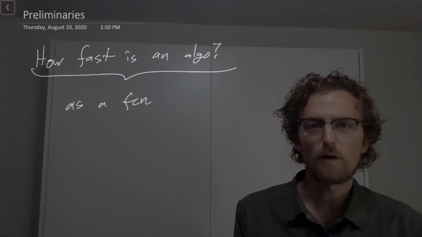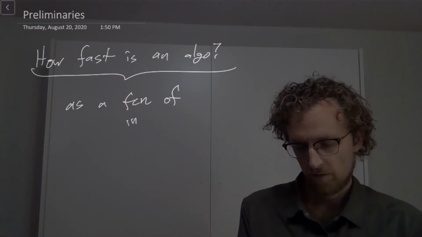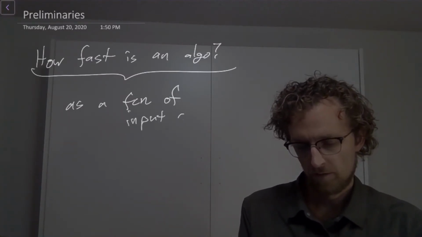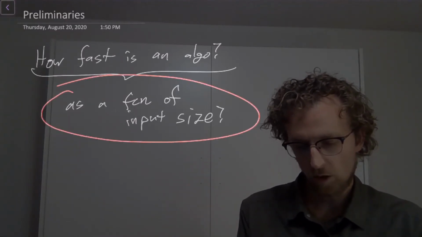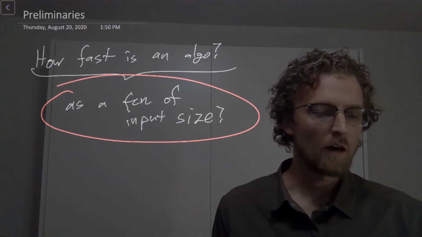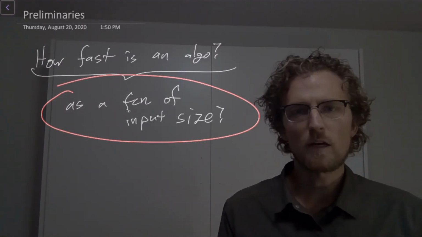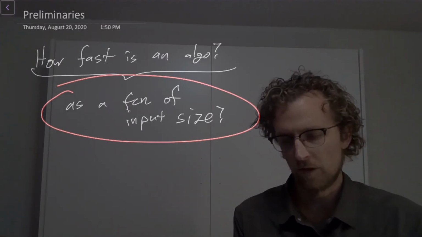I'll abbreviate function with FCN frequently here. This is really the core question that we're going to be chasing down throughout the course of the semester: how does the input size for an algorithm relate to the runtime of the algorithm?